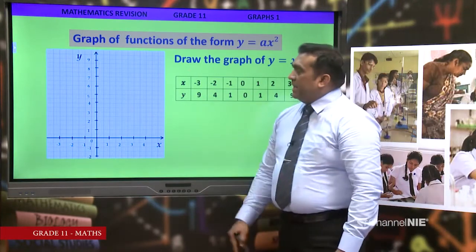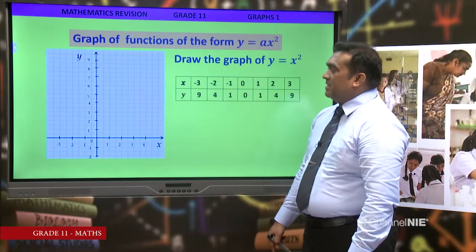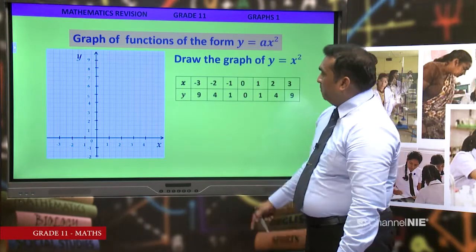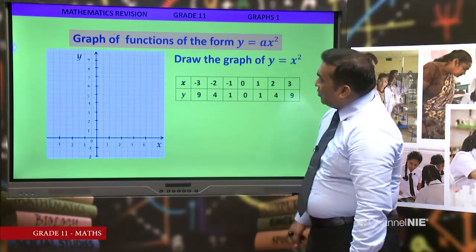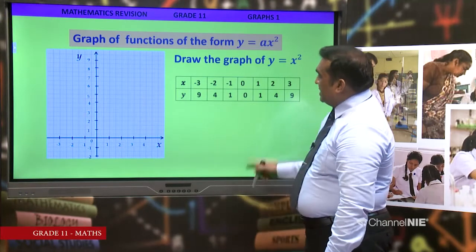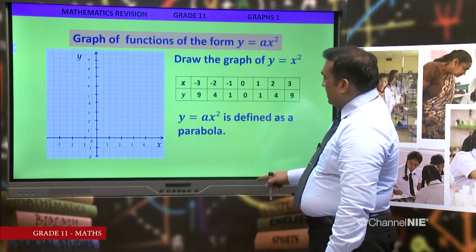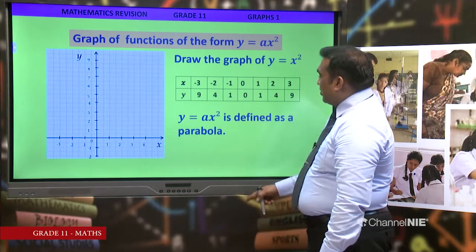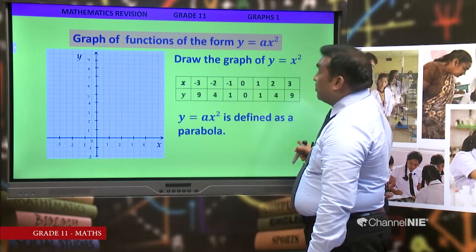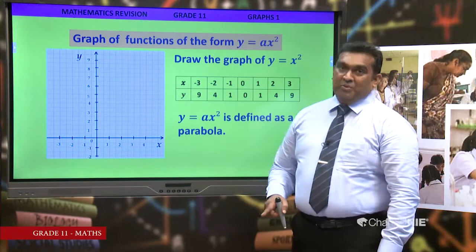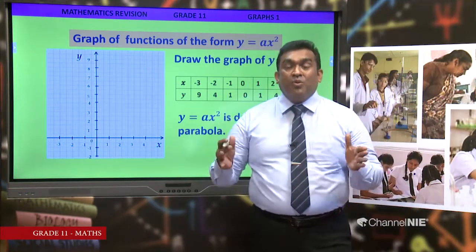Now this is our Cartesian plane. Then you have to include these points on the Cartesian plane like this. Y equals ax squared is defined as a parabola. This is a parabola. Now we are going to draw a parabola.